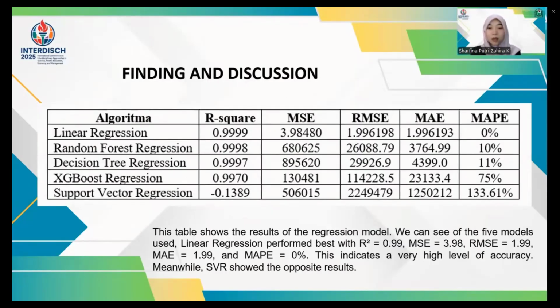We can see of the 5 models used, linear regression performed best with R-square equal to 0.99, MSE equal to 3.98, RMSE equal to 1.99, MAE equal to 1.99, and MAPE equal to 0%. This indicates a very high level of accuracy. Meanwhile, SVR showed the opposite result.